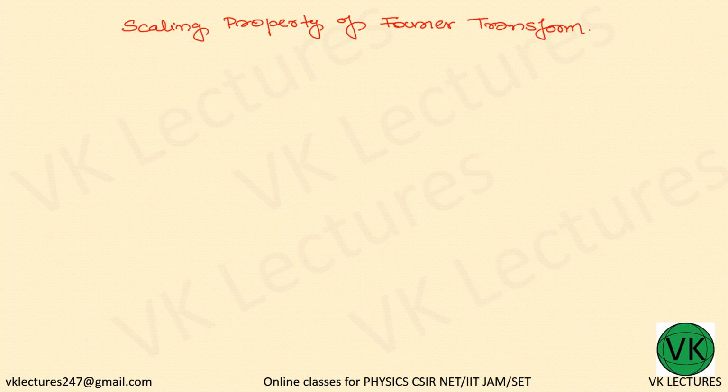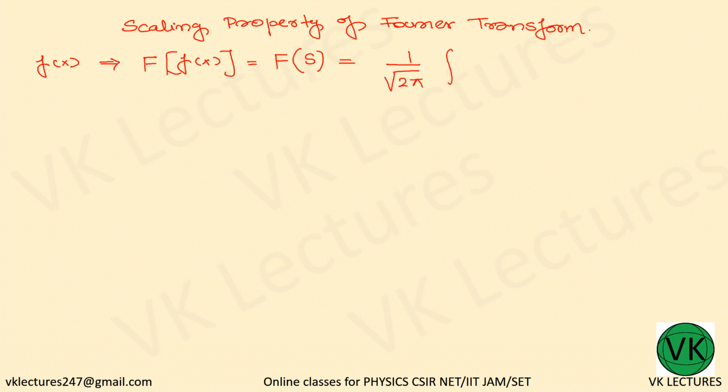Now suppose we have the function f of x and we are taking the Fourier transform, we are getting the Fourier transform f of s, which will be given by 1 by root of 2 pi integral from minus infinity to plus infinity f of x e to the power i s x dx.